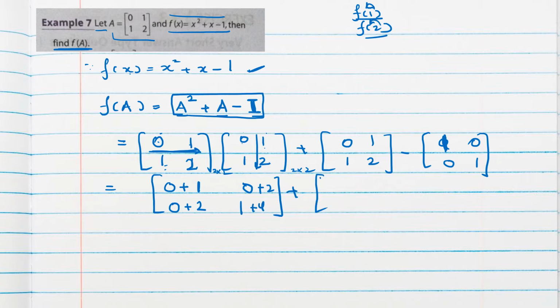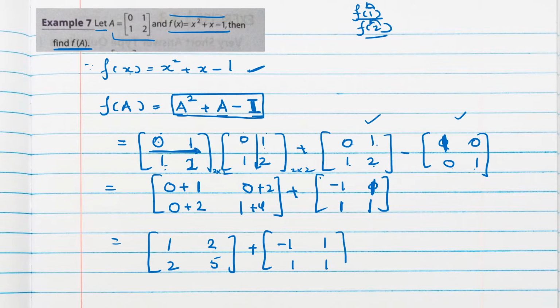Plus, here you can subtract these two. 0 minus 1 you can write minus 1, 1 minus 0 means 1, 1 minus 0 means 1, and 2 minus 1 means 1. So 1 2 2 5 plus minus 1 1 1 1.